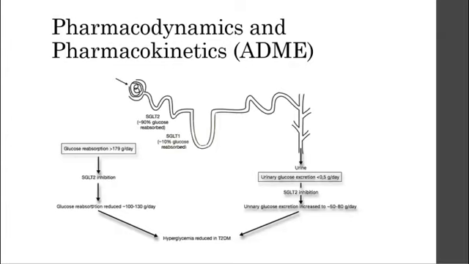The remaining 10% is removed in the distal segment via SGLT1, a high-affinity, low-capacity transporter. Inhibition of SGLT2 decreases renal glucose absorption, promotes urinary glucose excretion, and reduces plasma glucose concentrations. As SGLT2 inhibition occurs through an insulin-independent mechanism, the risk of hypoglycemia is low.